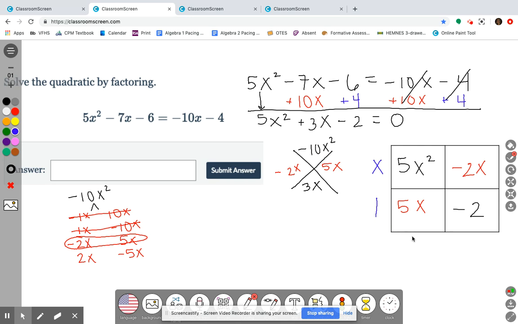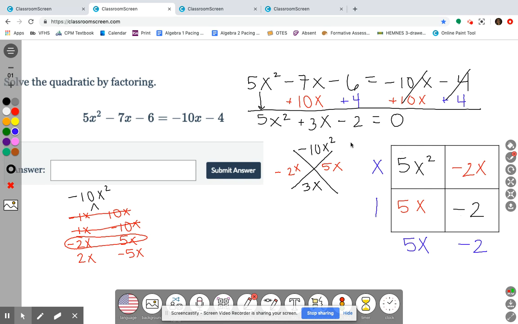This column, 5 and 5 are both divisible by 5. They both have an x. And then the last column, negative 2 and negative 2, they're both negative. They're both divisible by 2. They both don't have an x, so we will leave the x off.